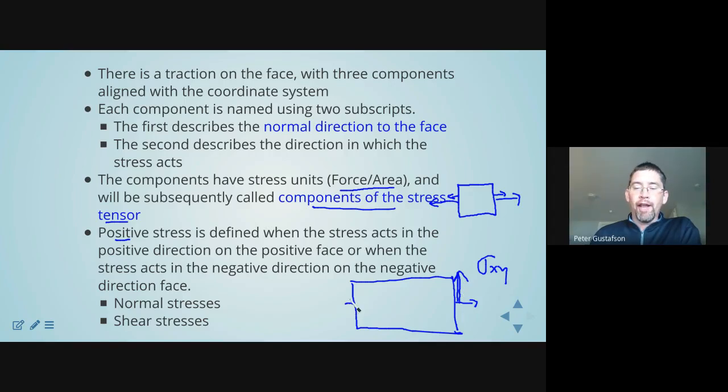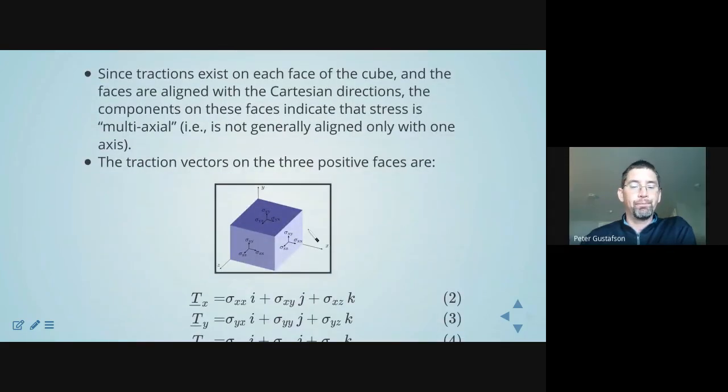If it were on a negative normal face and it were in the negative direction, this would also be a positive sigma xy. If it were on the negative face but instead went in the positive direction, then that would be negative. Okay, I hope all of that's relatively easy. If it's not, feel free to interrupt me as we move forward.